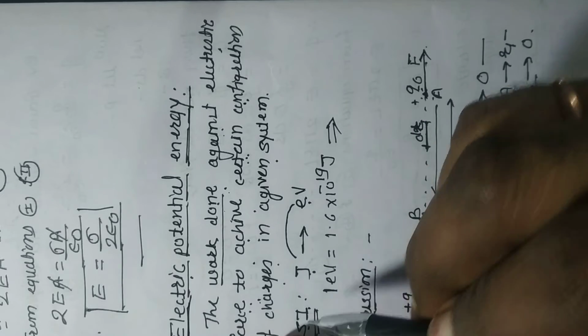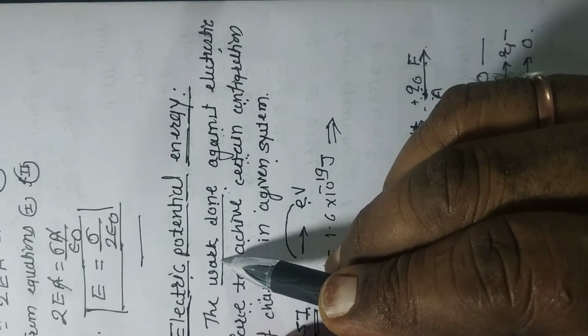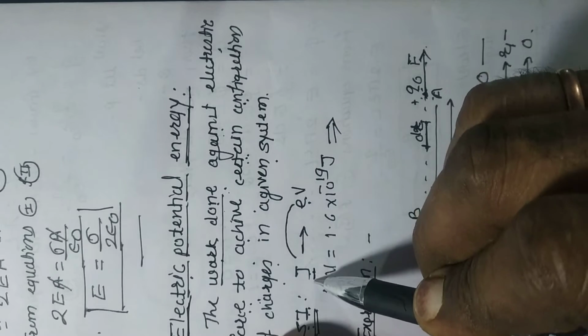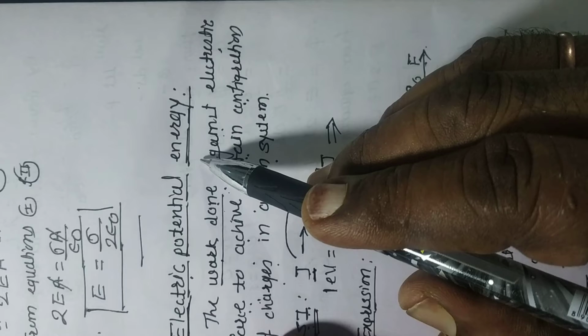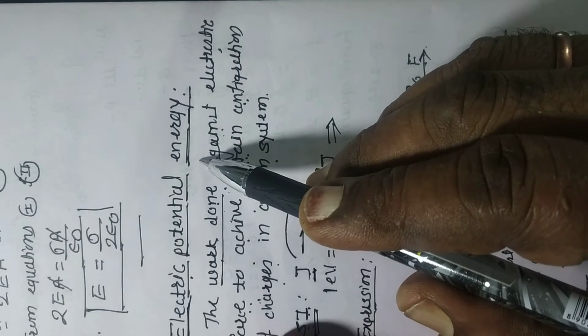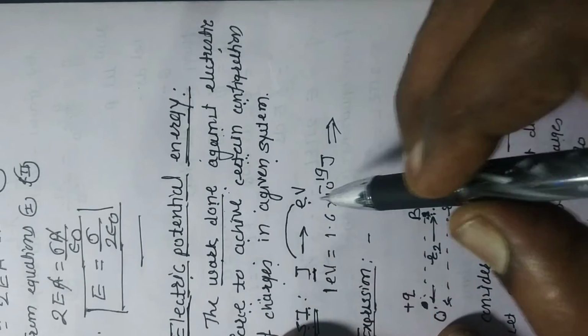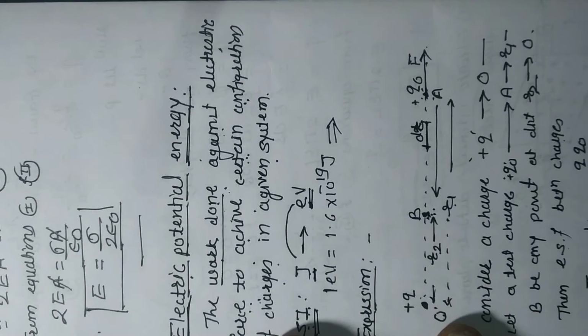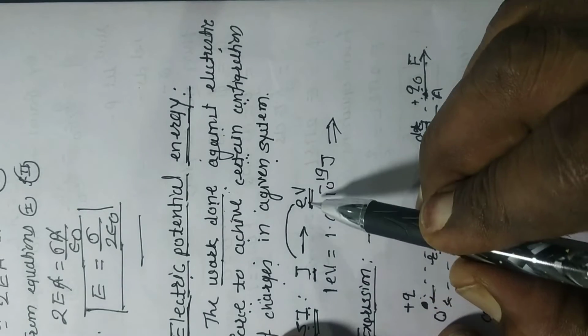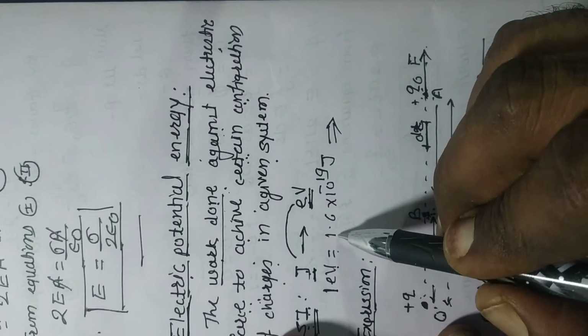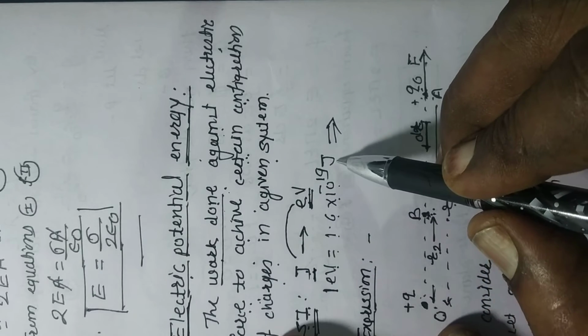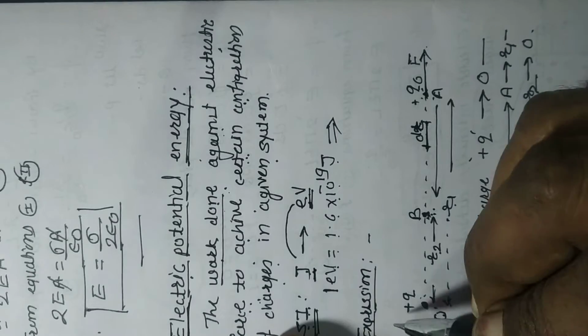SI unit: potential energy means work, and therefore SI unit becomes joule. But the convenient SI unit of electric potential energy is electron volt. Relation between electron volt and joule: 1 electron volt is equal to 1.6 into 10 raised to minus 19 joule.